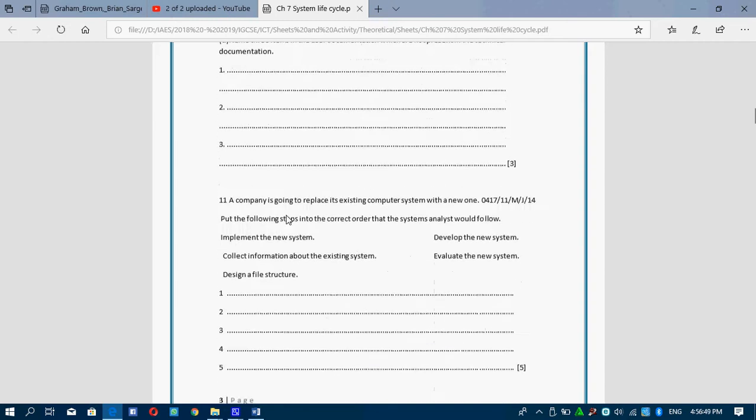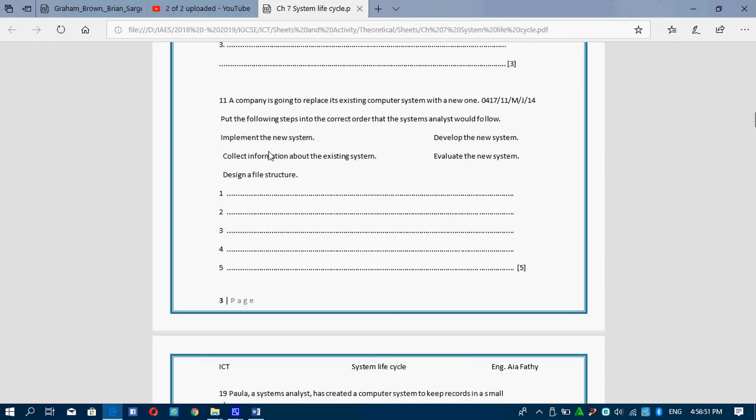Okay? Here, a company is going to replace its existing computer system with a new one. This question was in 2014, May-June. Put the following steps into the correct order that the system analyst would follow.